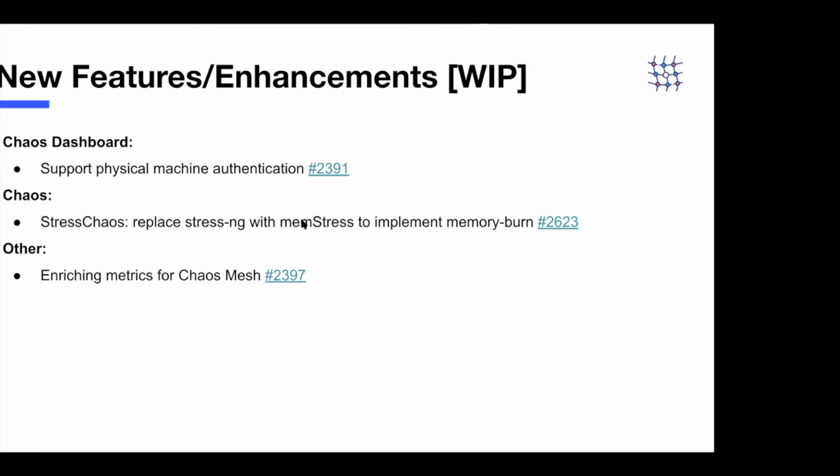We call this memory strength to replace stress NG when you simulate the memory bound. Another is that we will add more metrics for Chaos Mesh. You will see more status on your Grafana about Chaos Mesh.